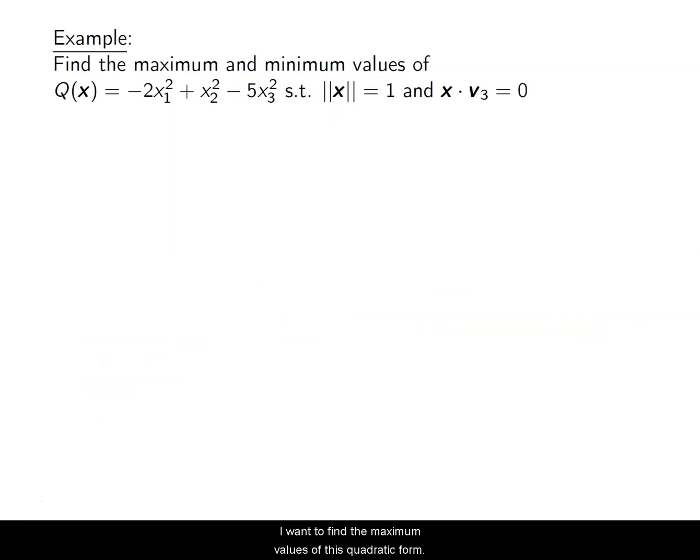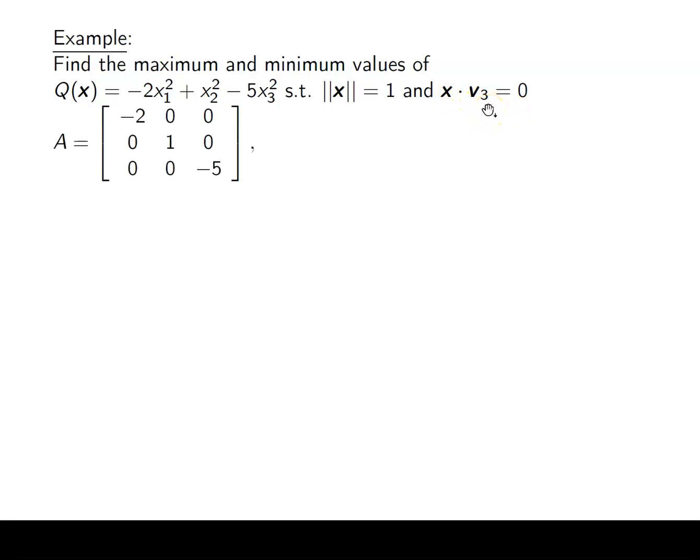I want to find the maximum value of this quadratic form, subject to the input having a length of 1, and that input being orthogonal to the largest eigenvector, okay? So this has no cross product terms, which is nice here, right? So this is what my A matrix will look like.